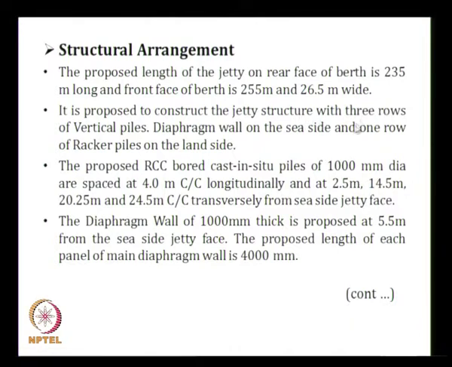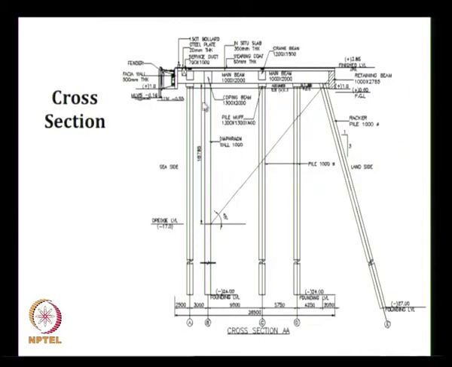We are providing 3 rows of vertical piles and a diaphragm wall on the sea side and 1 row of raker piles. We are purposely avoiding the diaphragm wall in the front row, because during construction this is the general ground level and then the water is here. When the water is here, it is very difficult to build the diaphragm wall, so we are shifting it to the second row.